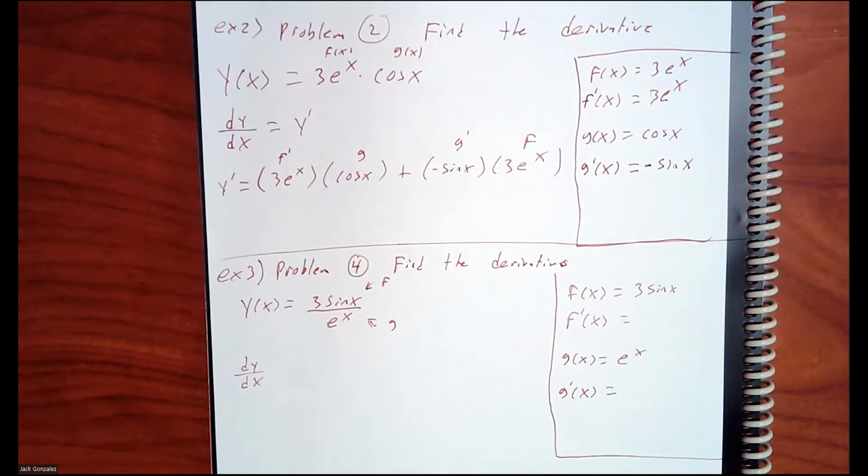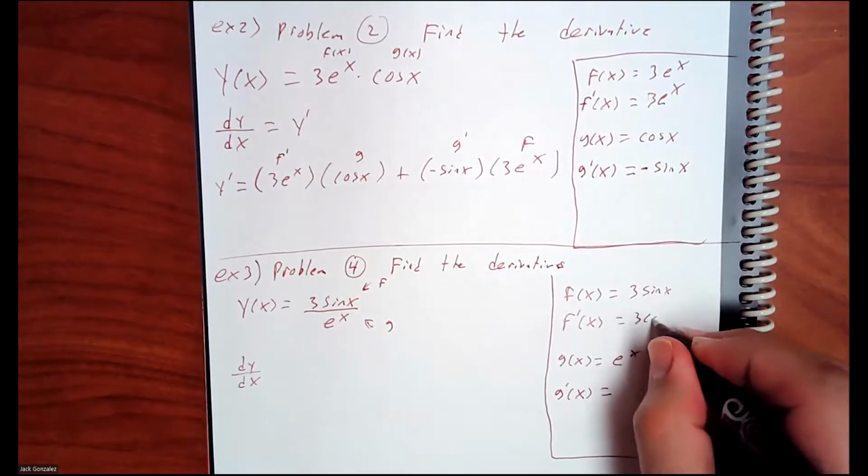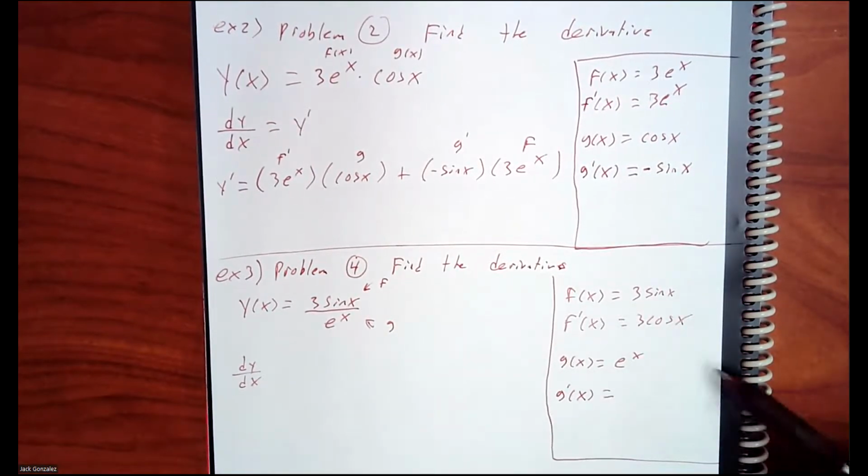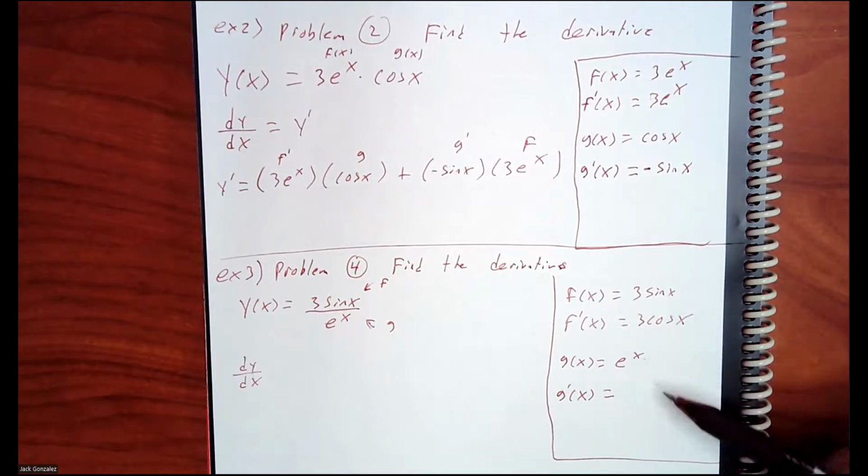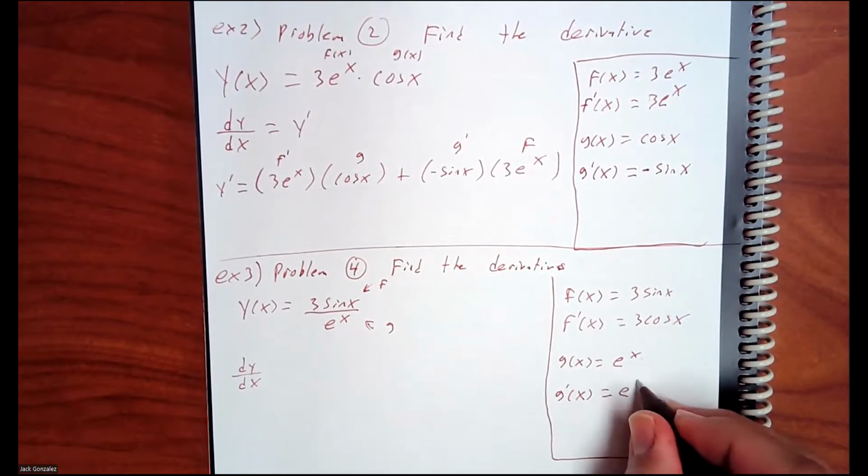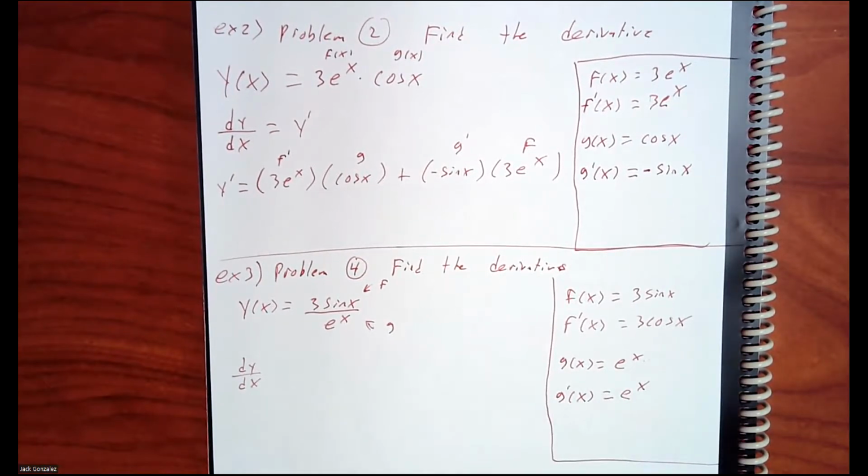Cosine. 3 cosine. And e stays the same, right? Derivative of e to the x is e to the x.